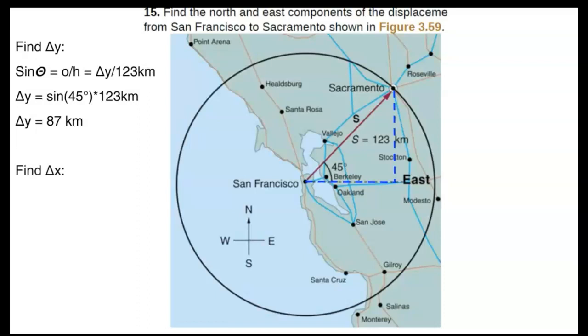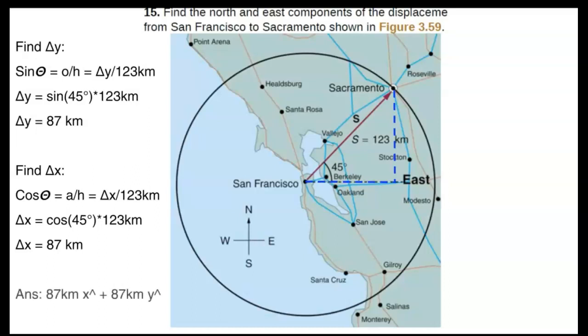And then to find delta x, I do something very similar, but I want the distance in the x direction. That's the side adjacent to the 45 degrees that I was given, so I'm going to use cosine instead. So the delta x is 87 kilometers also. That's just a trick of it being exactly 45 degrees in this case, but this process would have worked with any angle. So how do I give that answer?